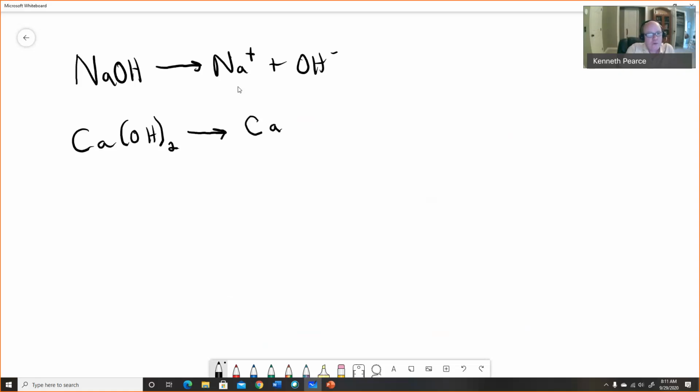That's important because you don't want to be writing down this situation. This is bad. I see this all the time where people will say OH2 minus. That's not real. These hydroxides come off one at a time. So that's what's happening when we have acids and bases dissociate in water. And of course, everything is aqueous at this point.